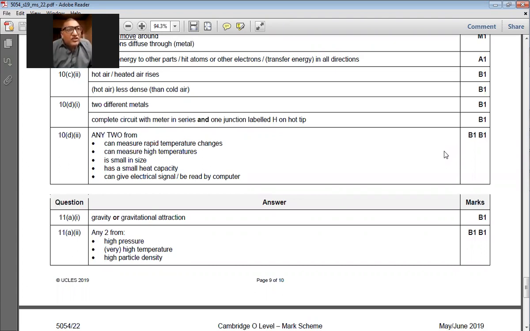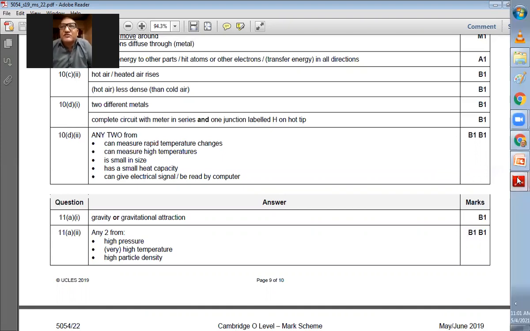Question number 10D, the second part: can measure rapid temperature changes, can measure high temperatures, is small in size, has a small heat capacity, and can give an electrical signal to be read by the computer. So you only have to write 2 advantages of using a thermocouple. So this was question number 10, my dear students.